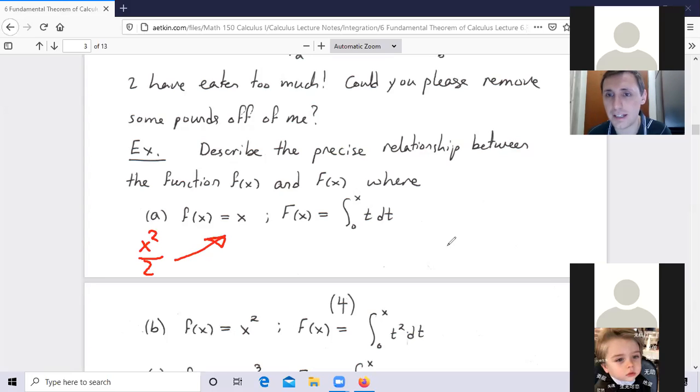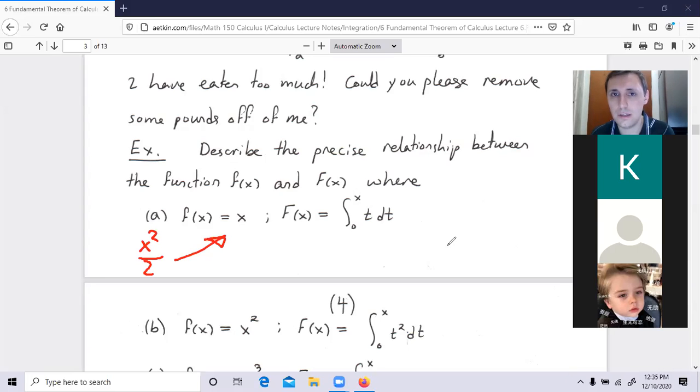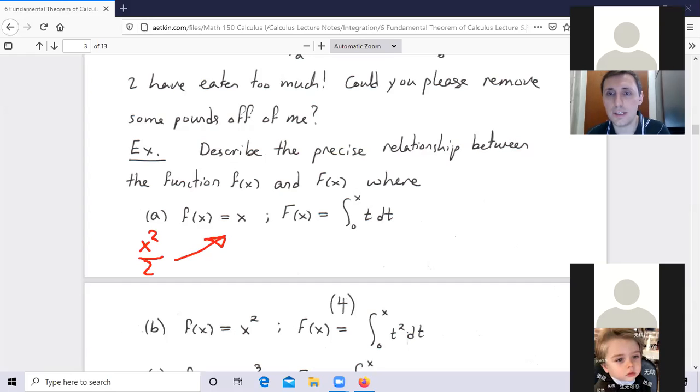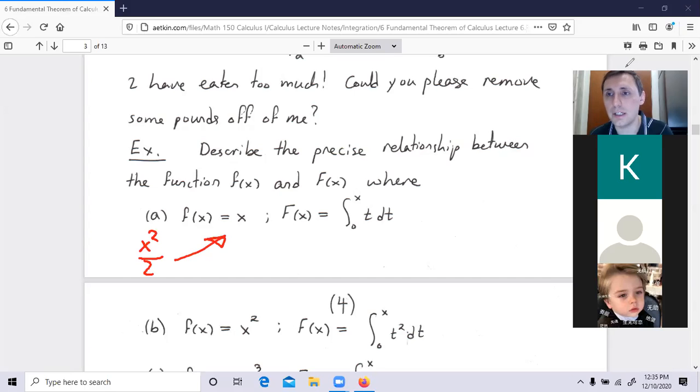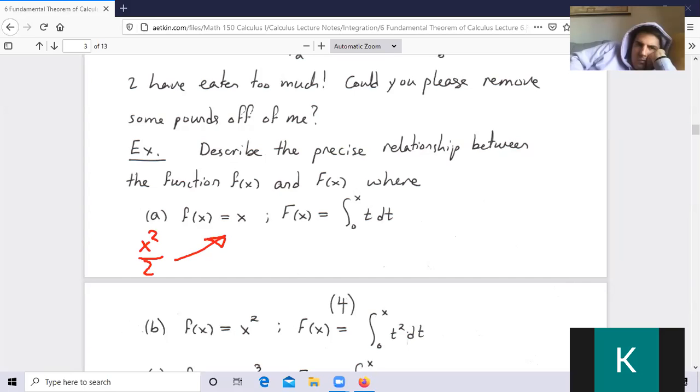It is an antiderivative of x. The derivative of x squared over 2 is x. So this cake function is a particular antiderivative, not a general one, but a particular antiderivative of x. Written in the strange form, it's just an antiderivative of x. Very important realization here. Good?